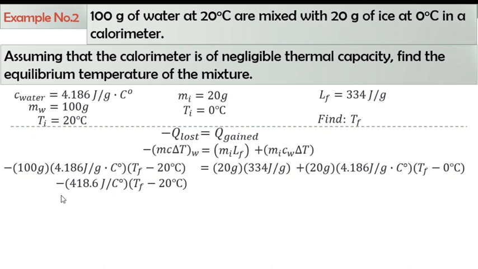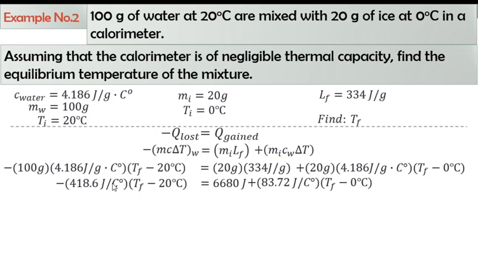Simplifying our equation, 100 times 4.186 gives us 418.6 joule per Celsius degree, still multiplied to T sub F minus 20 degrees Celsius. On the right side, 20 times 334 gives us 6,680 joule, plus 20 times 4.186 gives us 83.72 joule per Celsius degree, still multiplied to T sub F minus 0 degrees Celsius.